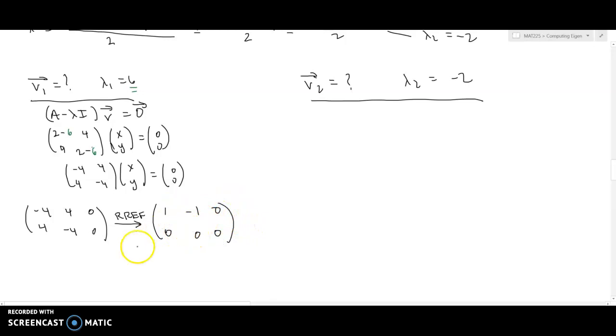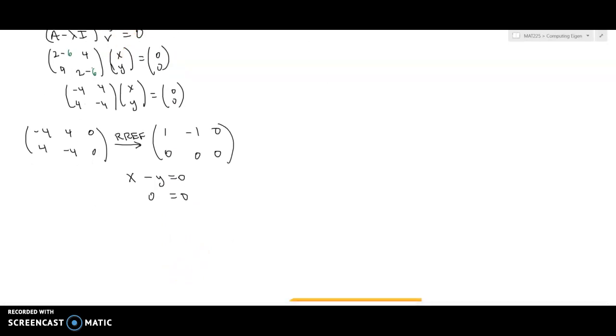So we see that this converts into x minus y equals 0 and 0 equals 0, which is a true statement. Now, because there's no statement telling us what y has to be, we can say that y is a free variable.